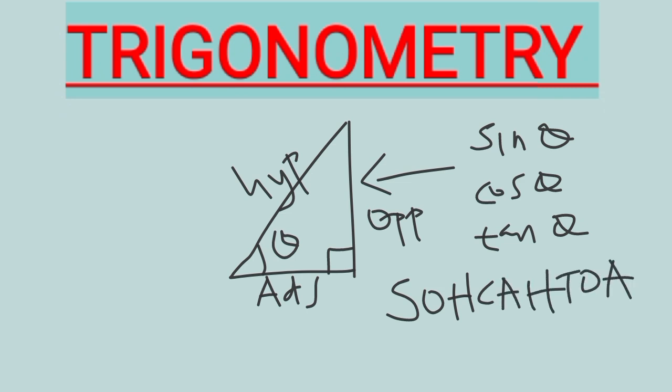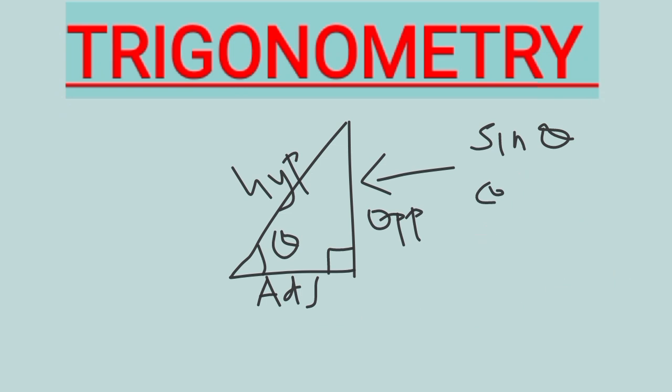Even here, we're not going to run away from this mnemonic. We use the same mnemonic, just that we're going to add something as we progress. Let us see how we were doing it in secondary, a simple revision of how we were finding sin theta, cos theta, and tan theta.